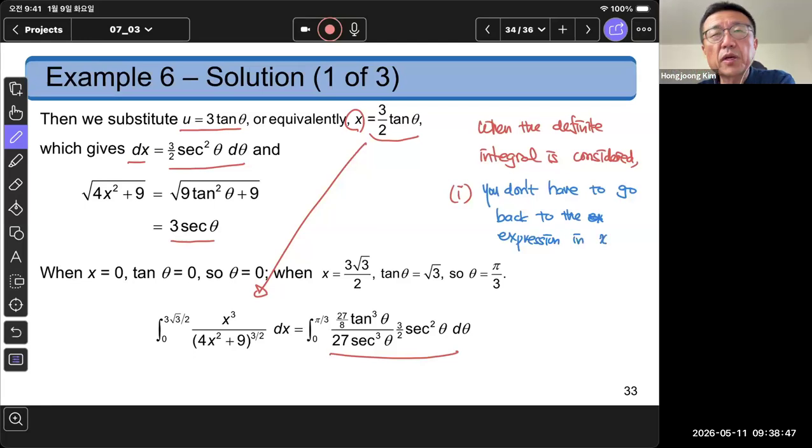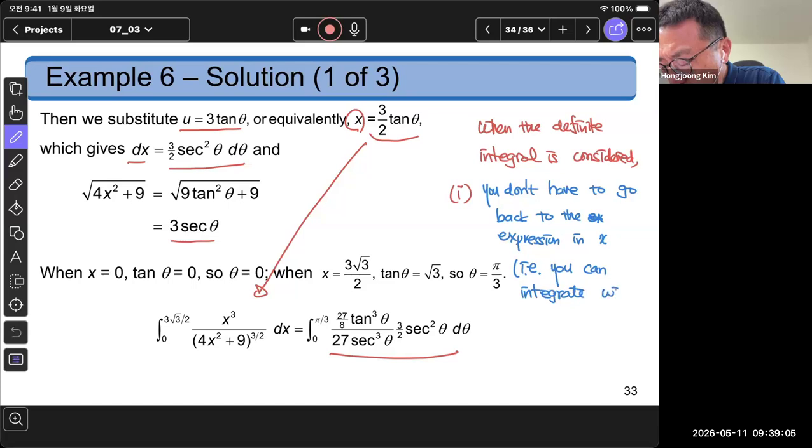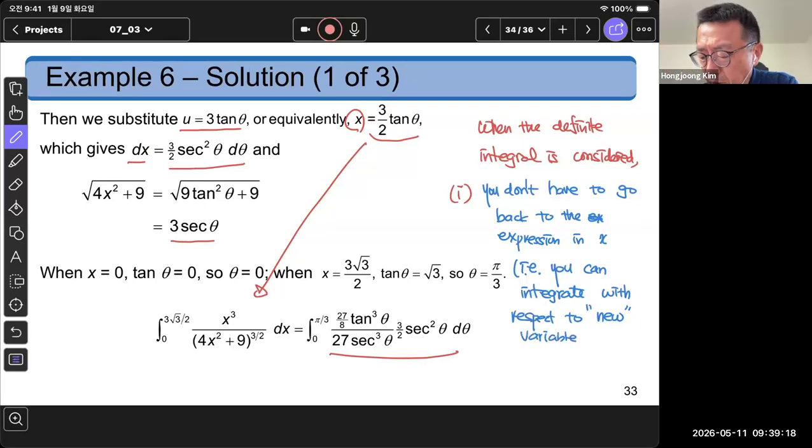You can just proceed and integrate with respect to the new variable. That's one merit, one advantage.